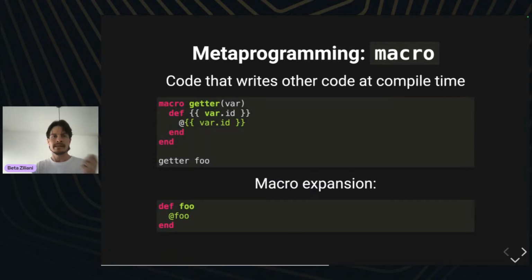For instance, the actual getter macro is something similar to this. It's more complex because it has more stuff, but in essence, it's something like this. The macro generates a definition that will be named after whatever you pass in here, and that will call the instance variable with the same name. So now when we say getter foo, it says, okay, define foo as @foo.